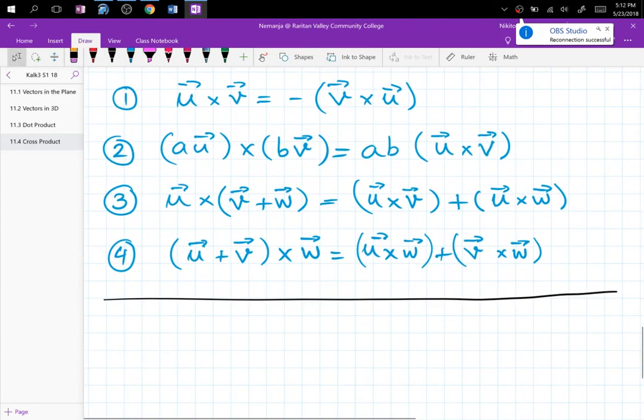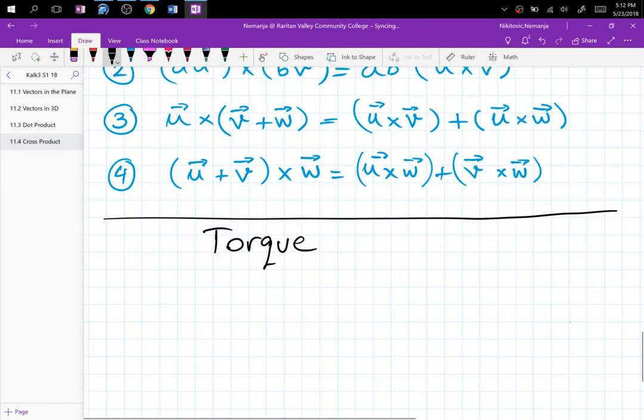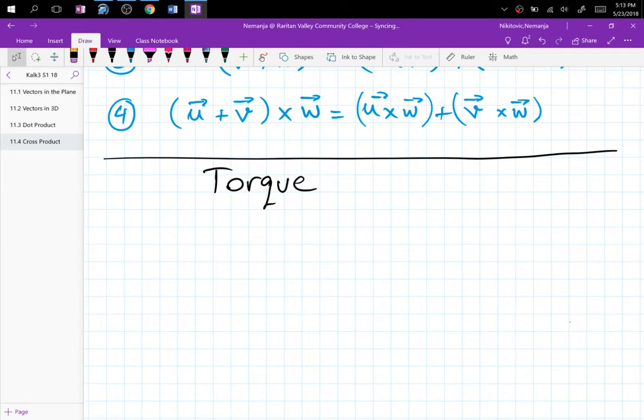So now we are moving here to talk about the angular force, which is going to be called torque, and that torque is going to be denoted by a little tau, Greek letter tau. So we have the definition for torque.